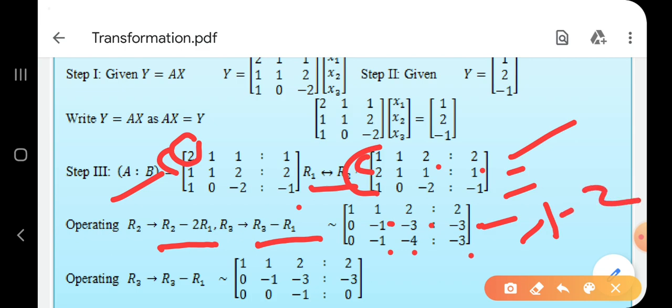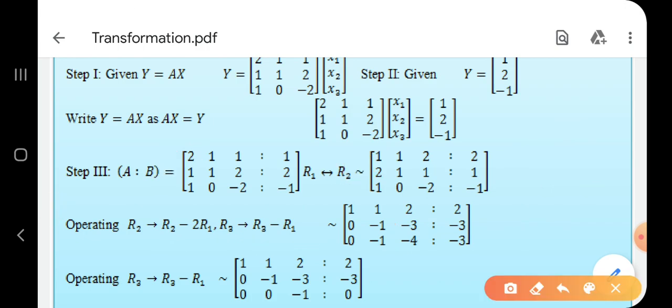Now if you see the last two rows of this matrix, I get almost the same. In fact, though it was not the same, no problem here.